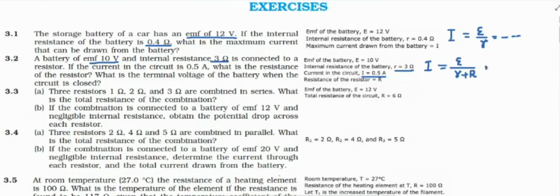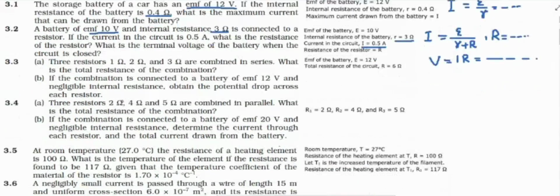From this formula you can find the value of R. Once you get the value of R, you can calculate the terminal voltage using the formula V is equal to IR.